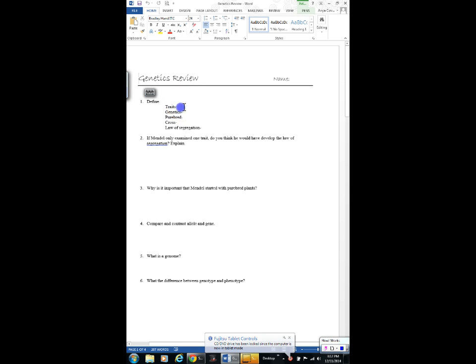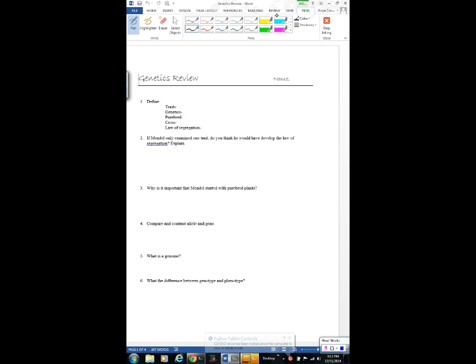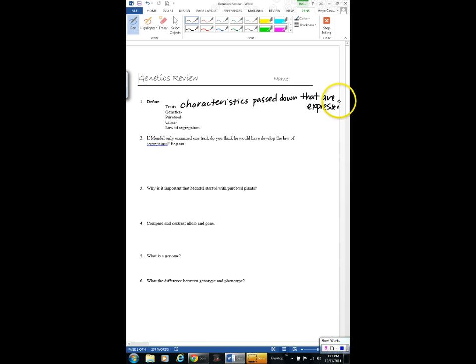So traits are going to be the characteristics that are passed down and expressed. So, if you are tall or short or have brown eyes or whatever, those are going to be the traits that have been passed down that you're expressing.